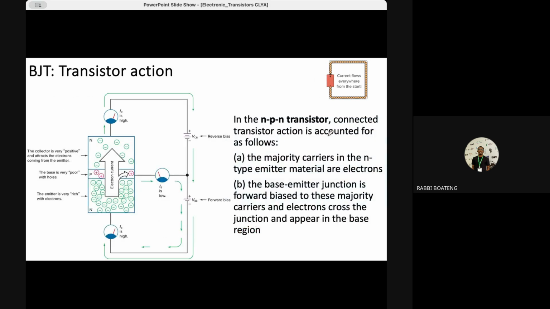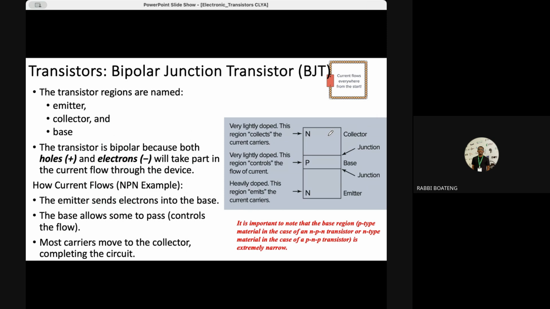Now, let me do a little recap here. If you remember our diodes, when we have two types that we've merged, supposing this is my P and supposing this is my N, and I have a potential difference in here and I connect it together like this.